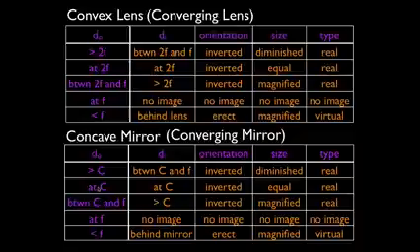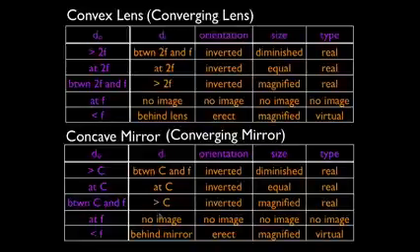When the object is at C, the image is at C. When the object is at 2F, the image is inverted, the same size, and real. When we're at C, it's inverted, the same size, and real. So all of the answers are the same. Another example, when you're at F, no image. When you're at F, no image.